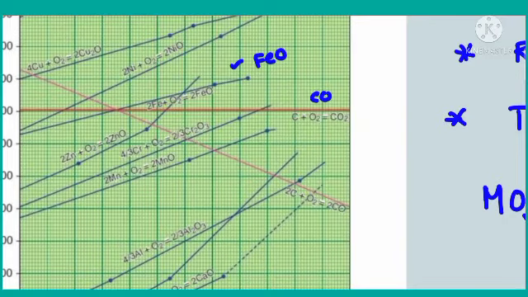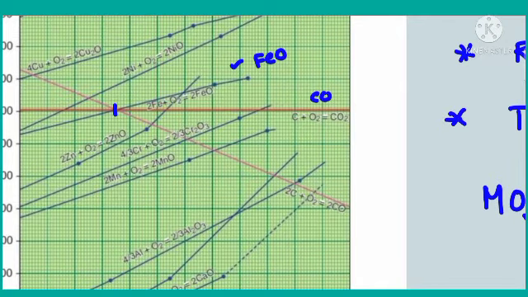So which means above 1000 Kelvin we can use carbon monoxide for reducing iron oxide, whereas left of the intersection point, which means below 1000 Kelvin, the iron oxide line is lying below. In the sense, iron oxide is more stable below 1000 Kelvin.